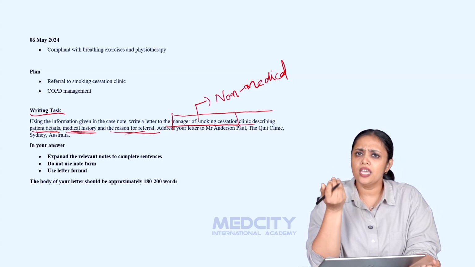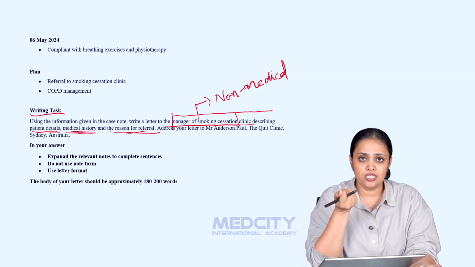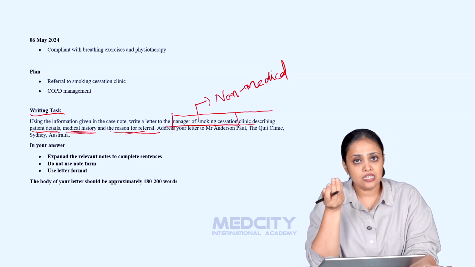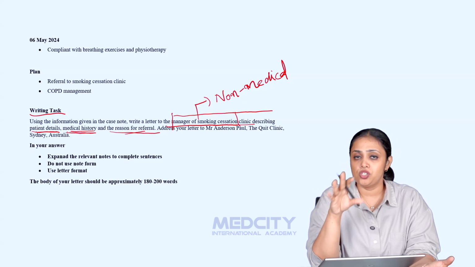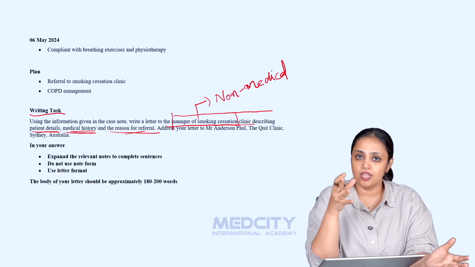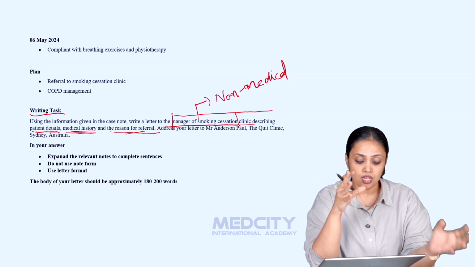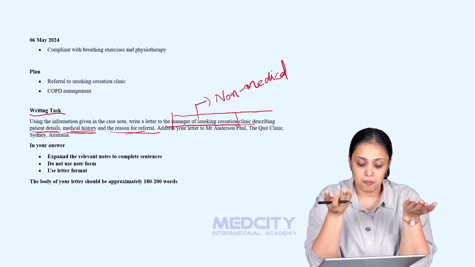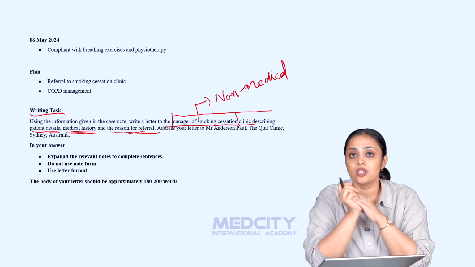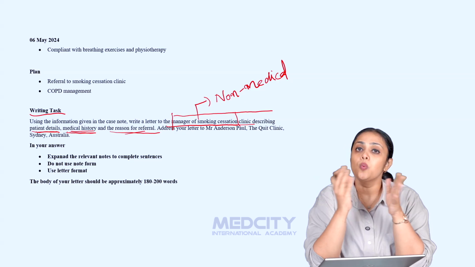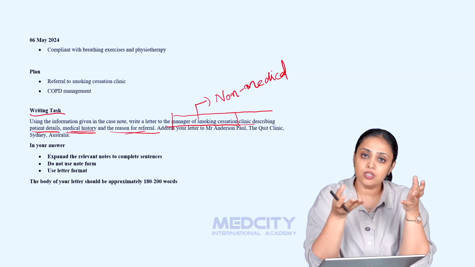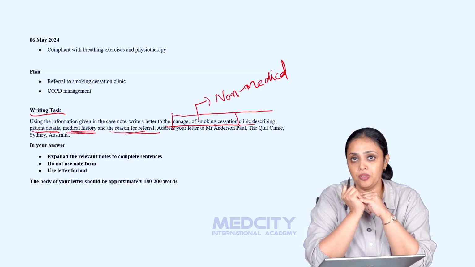Why would it have been mentioned like that in the writing task? One probable reason is that the current condition of the patient, for which we are seeking help from this manager of smoking cessation clinic, will be having an impact on the medical condition of the patient.